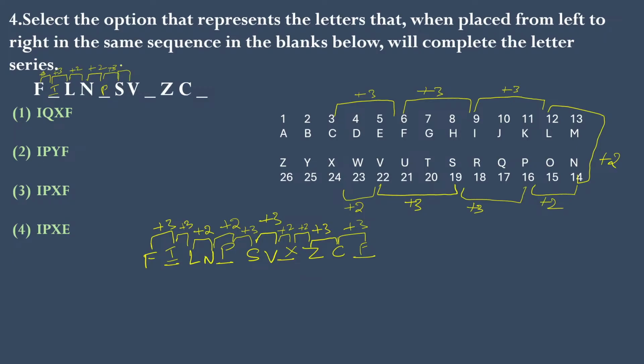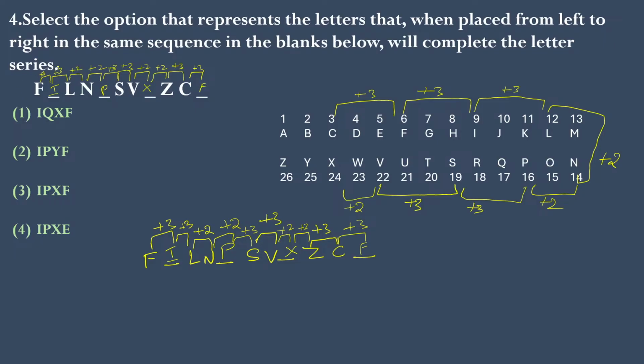So here to here we have plus 2, that is V plus 2 we have X, X to Z plus 2, Z to C plus 3, C plus 3 we get F.